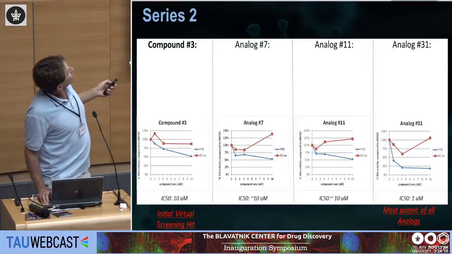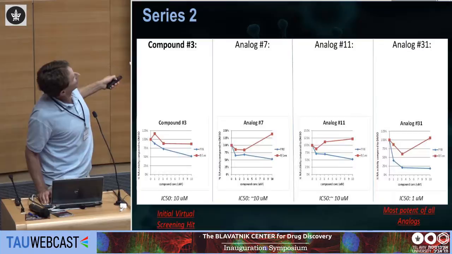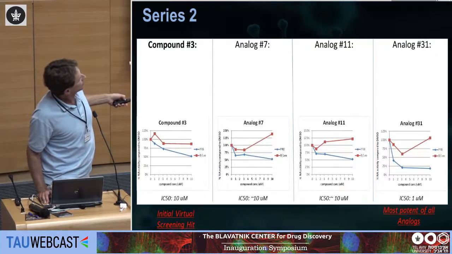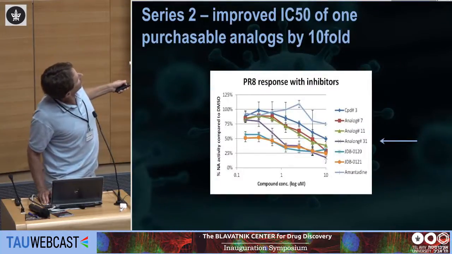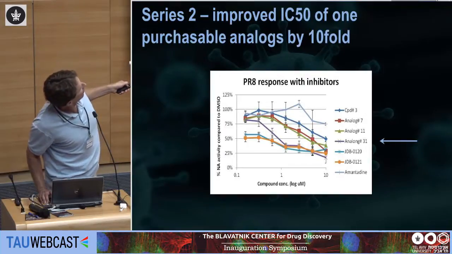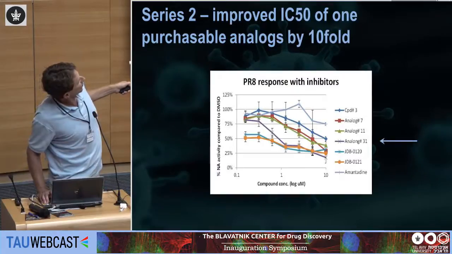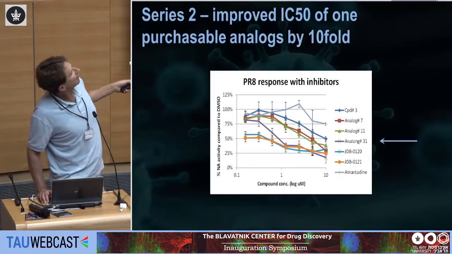This is series 2. Again, this is the original compound that inhibits a little bit, and analogs that inhibit more. And in series 2, there was also an effort to do synthesis. So these two are synthetic compounds that inhibit better.